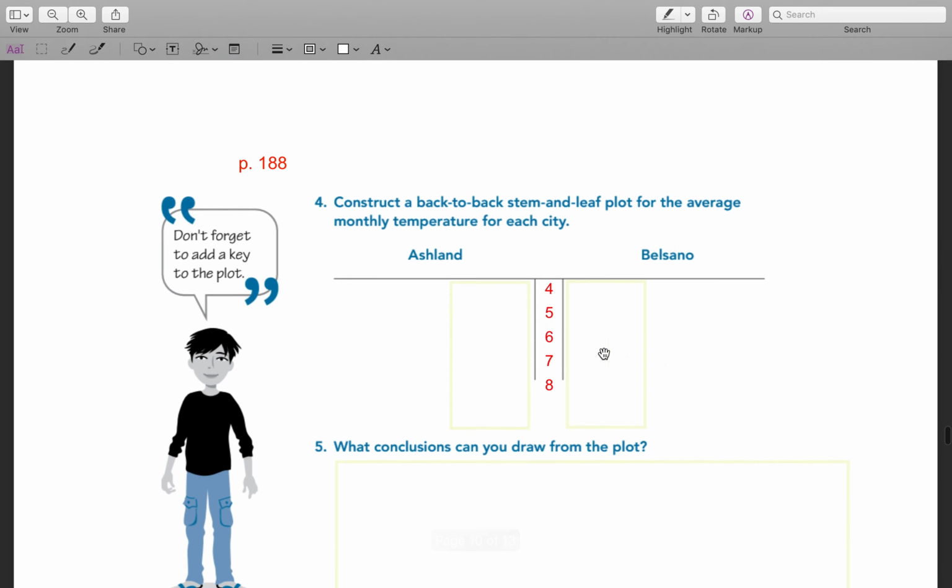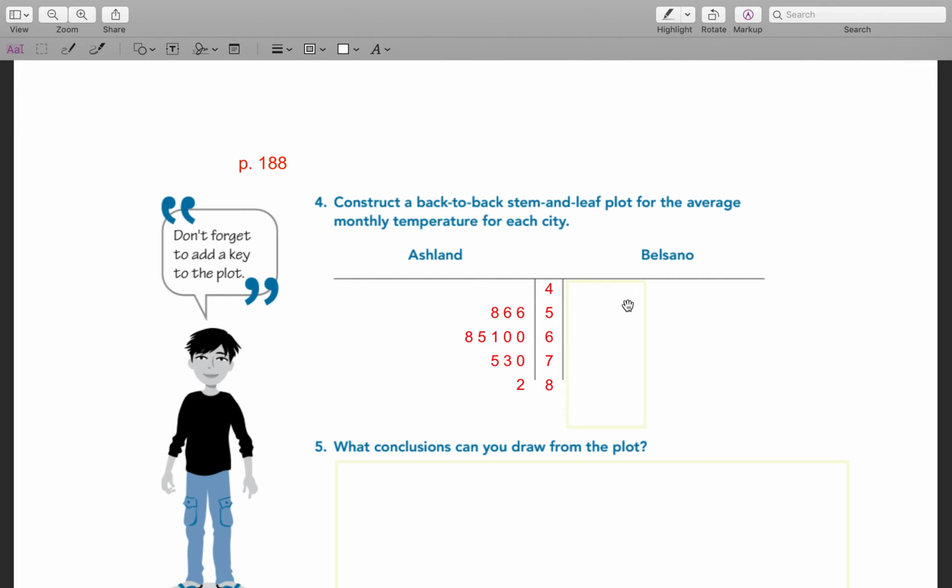So for Ashland, if you notice, there are no numbers in the 40s. So it's 56, 56, 58, 60, 60, 61, 65, 68, 70, 73, 75, and 82. So those are the data for Ashland.